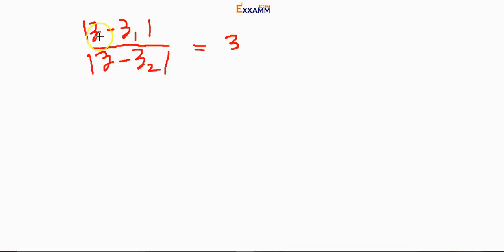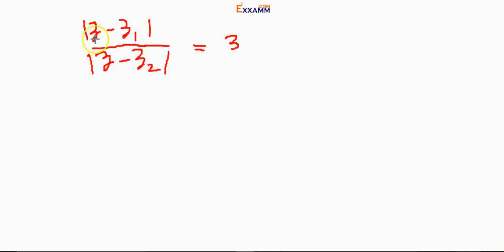Why? Because if we take modulus of z minus z1 and modulus of z minus z2 and replace z with x plus iy, then what would we get? x minus x1 whole square plus y minus y1 whole square is equal to 9 times x minus x2 whole square plus y minus y2 whole square.